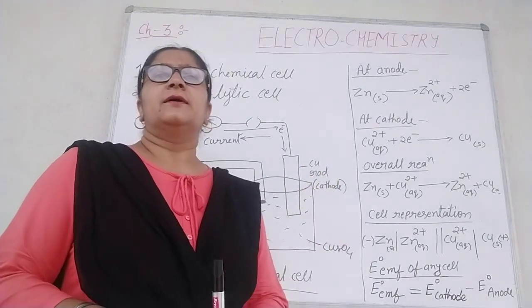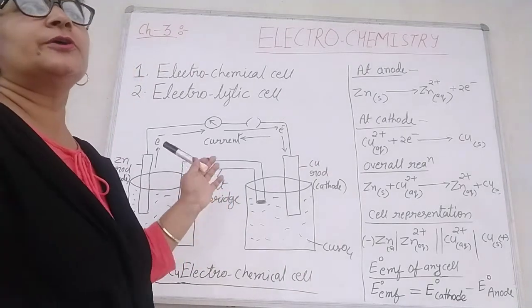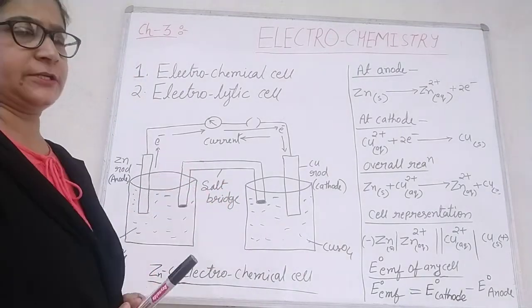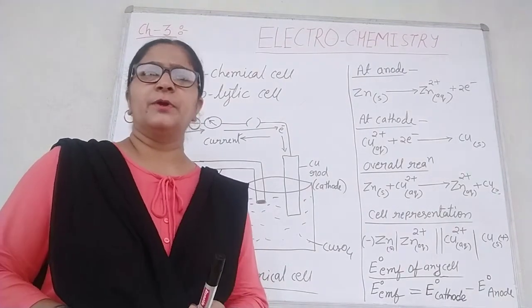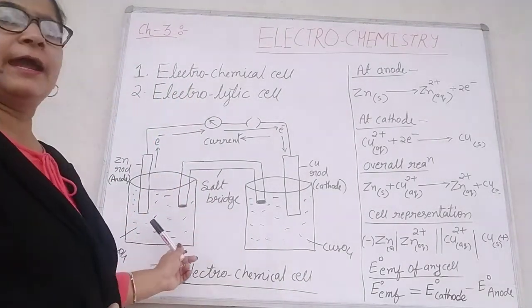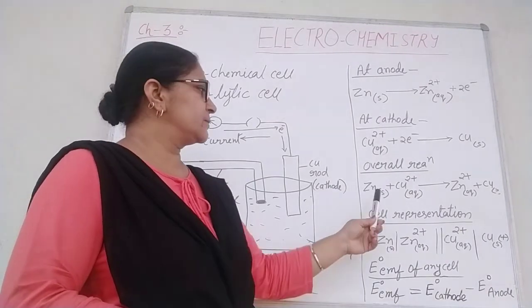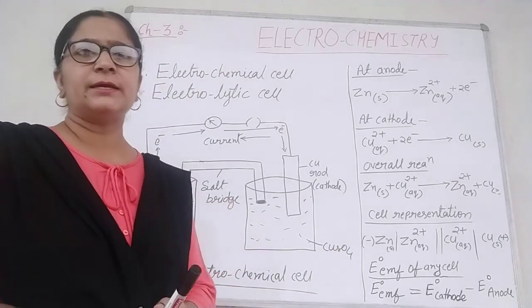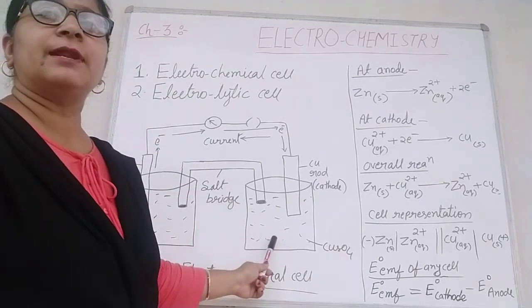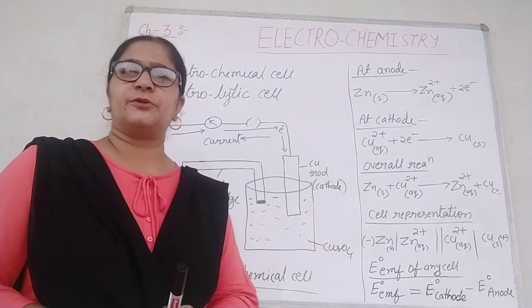One more thing, we will see here that in the anode part, the concentration of zinc ion is increasing in the solution, and the electrons are accumulated over the rod, so the rod will gain negative polarity. So the potential difference will develop between electrode and electrolyte. Same way, here we will see that solution is losing copper ion and solution will develop negative polarity and the rod will develop positive polarity.